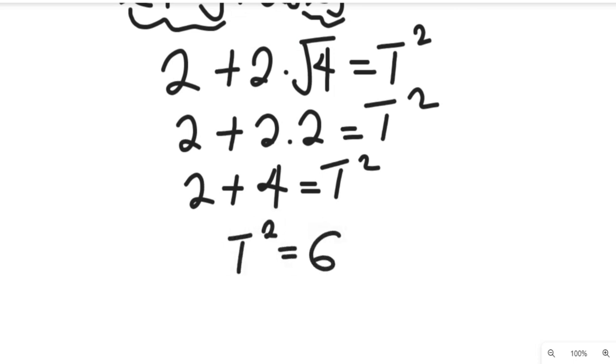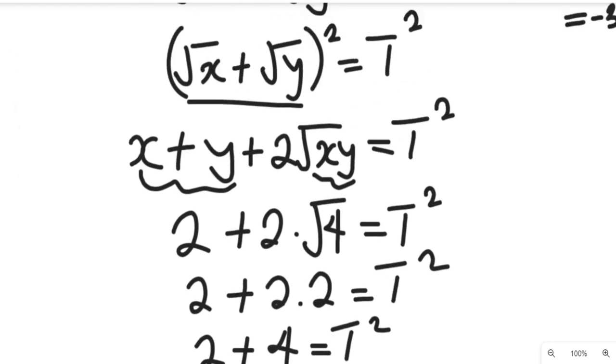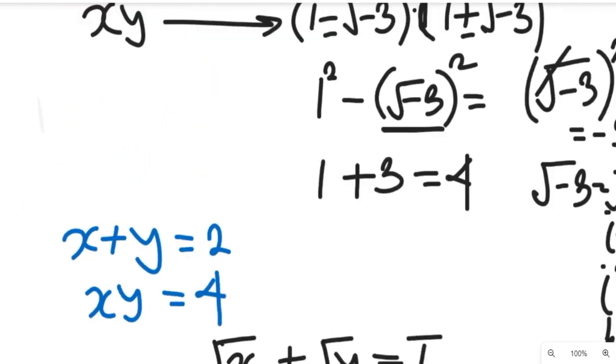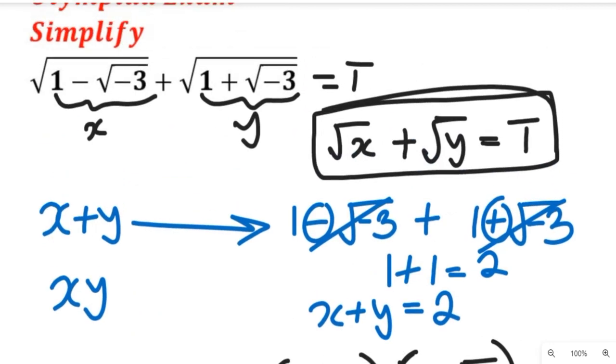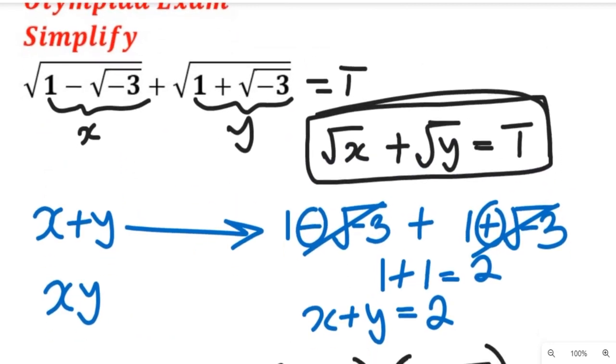So the value of t square, if we square root both sides, we're going to have t equal to plus or minus square root of 6. Now remember, on the left hand side, we have real values. We have real square roots of these two values.